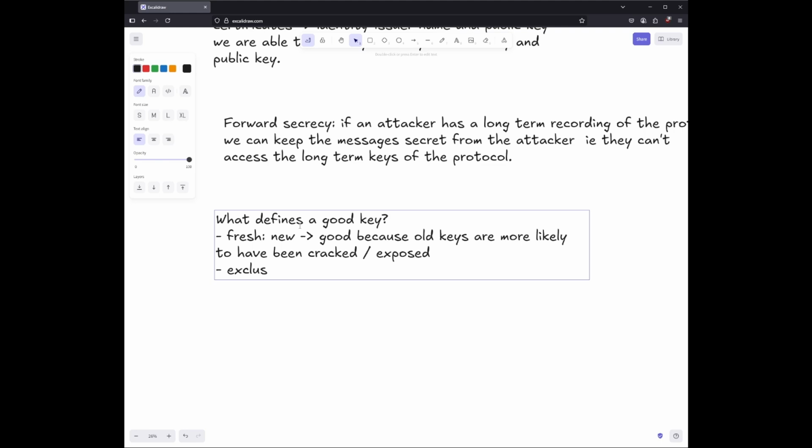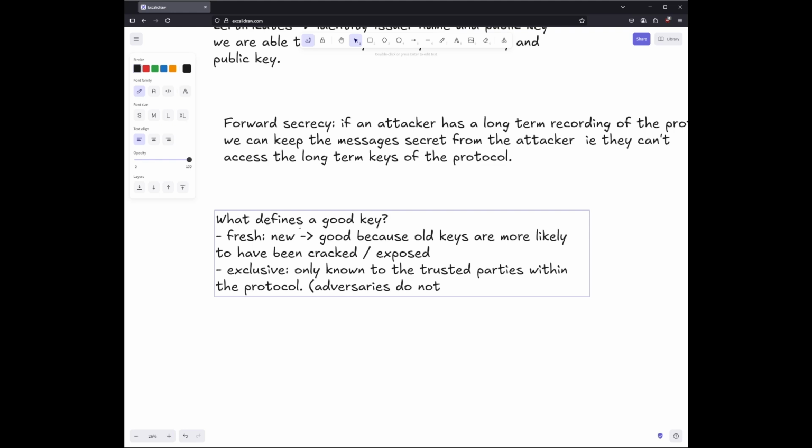The second is that the key is exclusive. For a key to be exclusive, it means that the key is only known to the trusted parties within the protocol, so any adversary does not know the key.